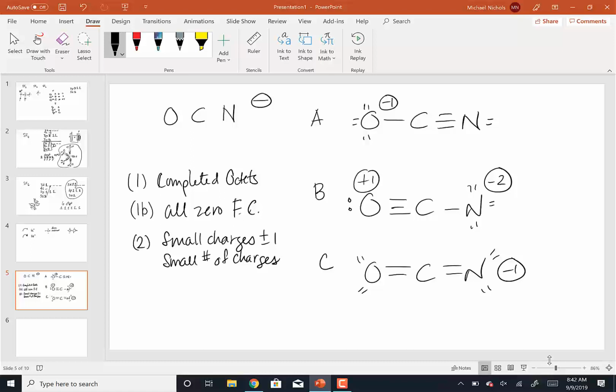So we'd like small charges and we'd like a small number of charges. Now, in this case, that makes one of these three clearly the least stable. And which one is that? That's the least stable. B. Because not only does it have 2 charges instead of 1, but it's got the large -2. So B is automatically the least stable.